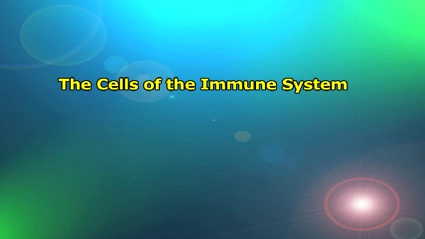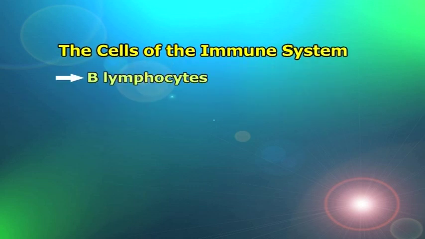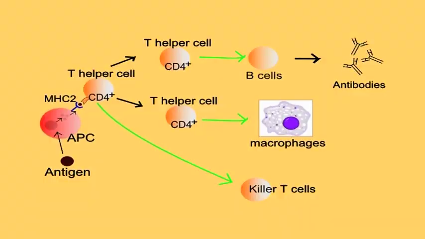The cells of the immune system. B lymphocytes. B cells marked by CD45 plus membrane molecules are the major cells involved in the creation of antibodies. Antibodies, also known as immunoglobulin, that is Ig, are large Y-shaped proteins used by the immune system to identify and neutralize foreign objects.